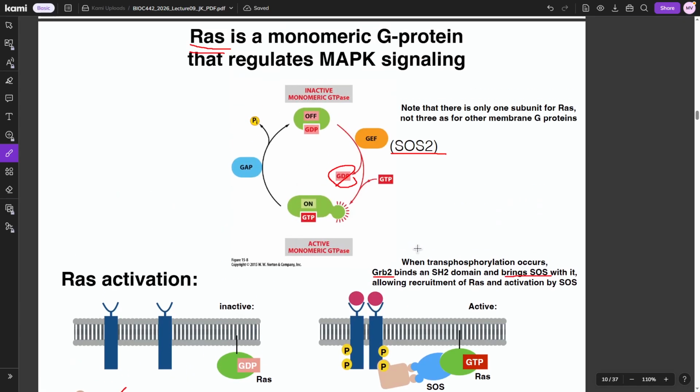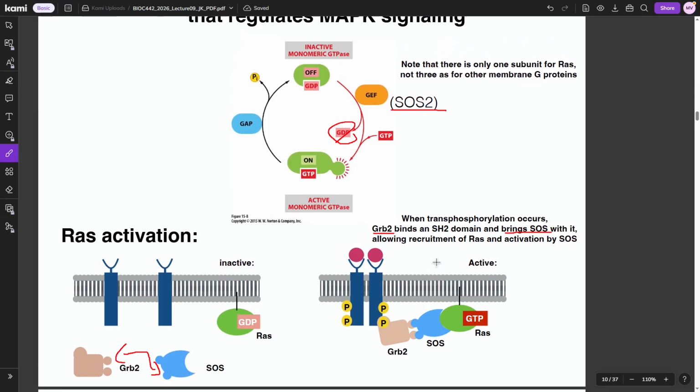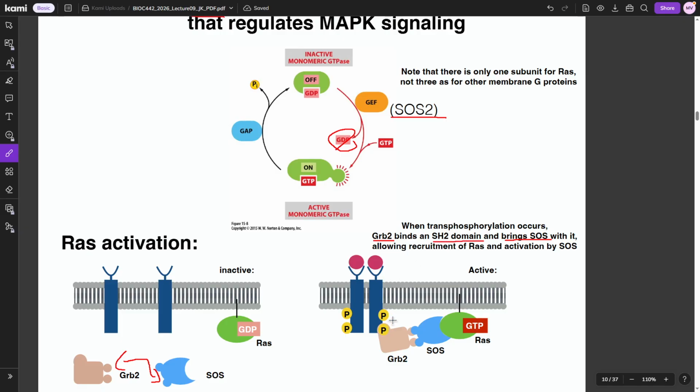I was also looking at this. It's kind of weird how they phrased it, because they make it sound like the SH2 domain is on the RTK, but generally speaking, the SH2 domain is on the protein itself, I believe, not the RTK.